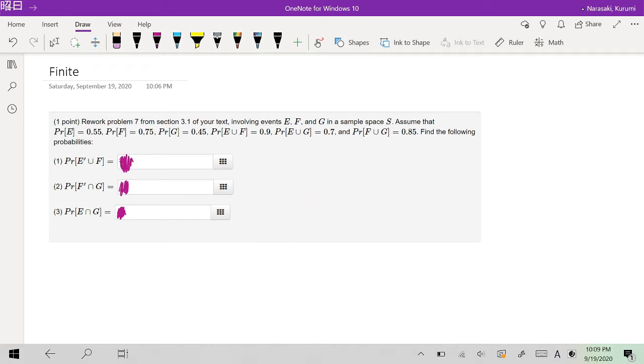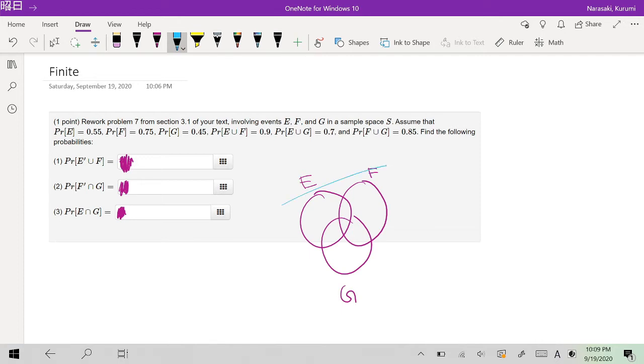Okay. So now the first one we're looking for is, if this is E, F, and G, so let's label it E, F, and G. If it's not E and not F, that means not E will be outside. And since this is asking for not the intersection, but the union, we can actually just count this whole E and not E and F. So let's say F is black.